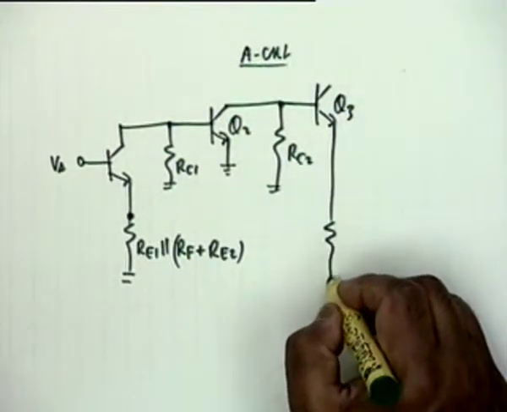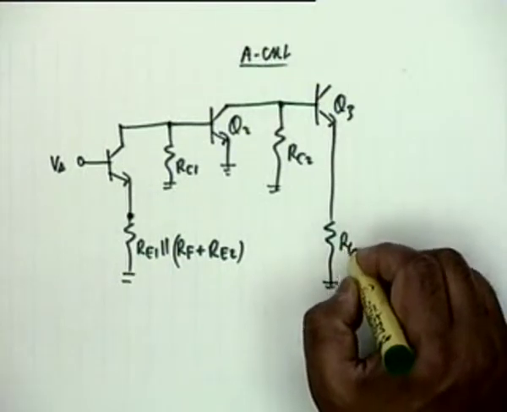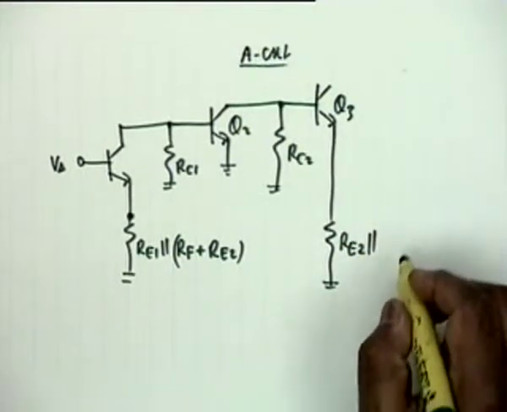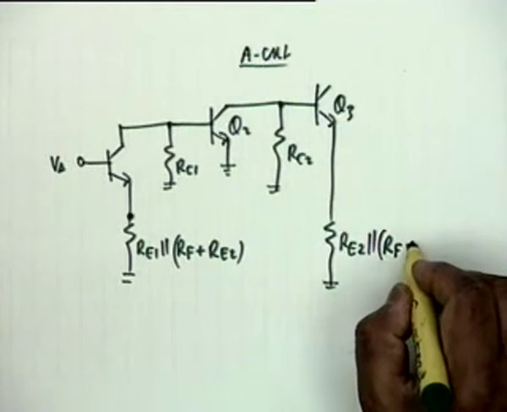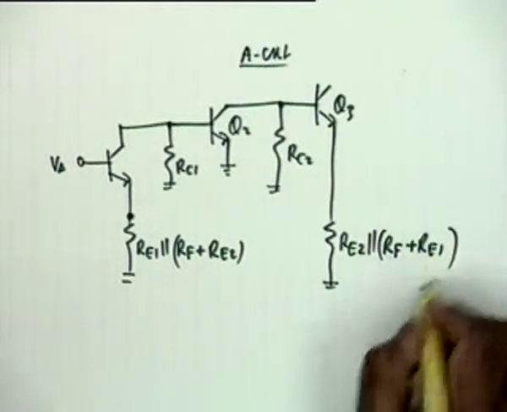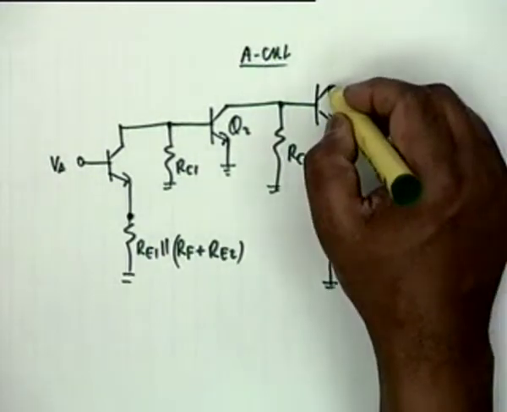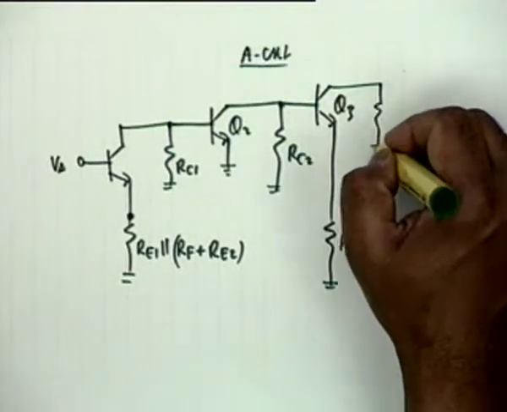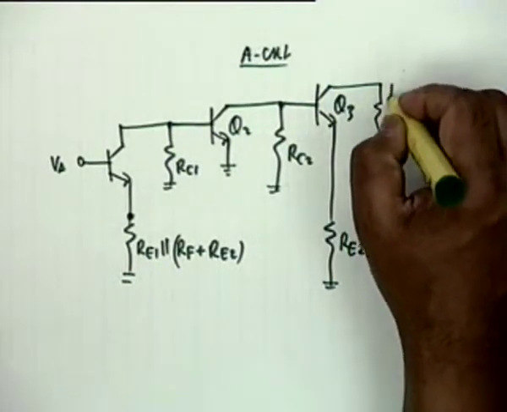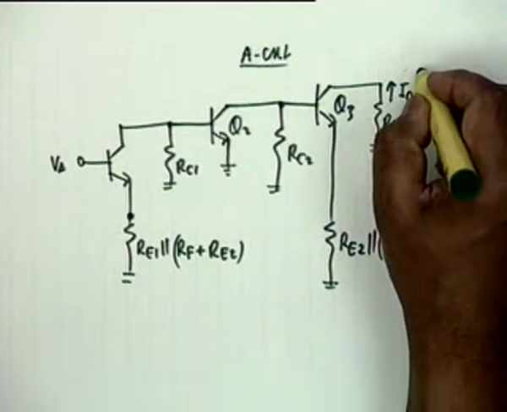This now comes in as RE2 parallel RF plus RE1, and this goes to RC3, goes to ground, and this current is I0 prime.